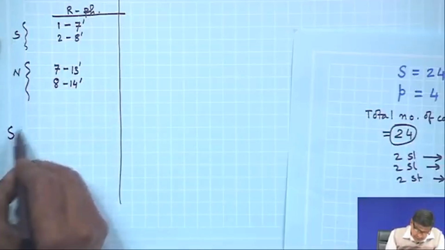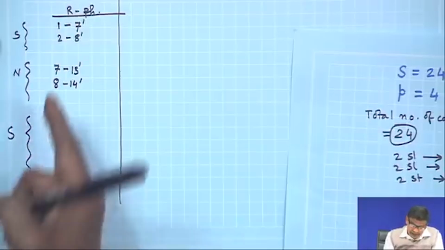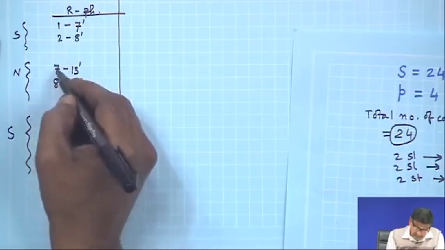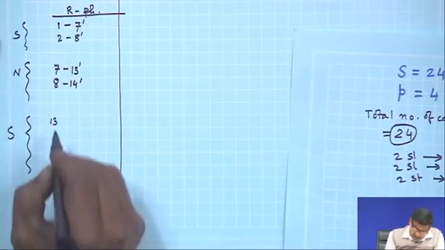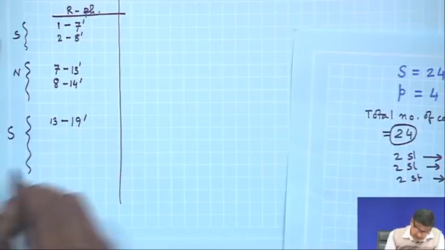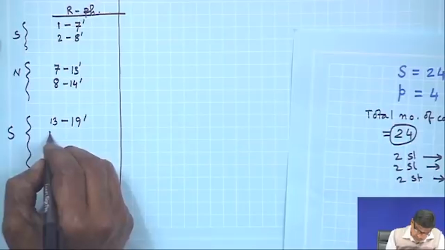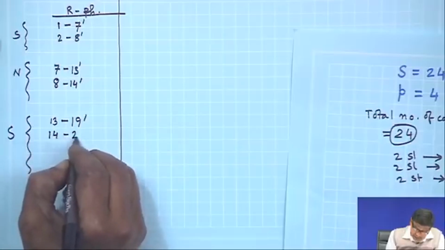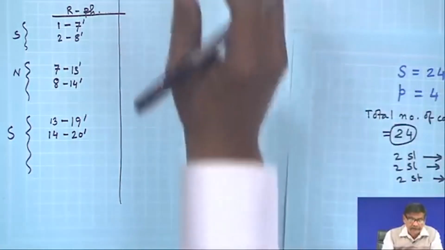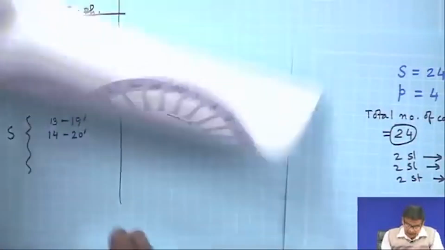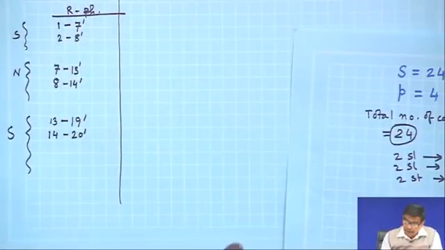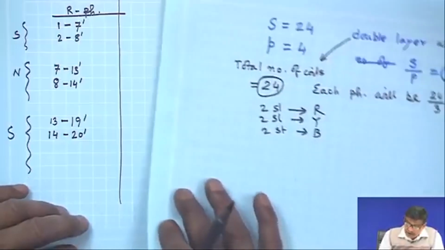Then once again south, and once again it will start from 13, the separation, and 13 plus 6, 19 dashed, and then it is 14 and 20 dashed. See, without referring to this circular diagram and numbering, I can carry this out straight away, provided you know what you are really doing.